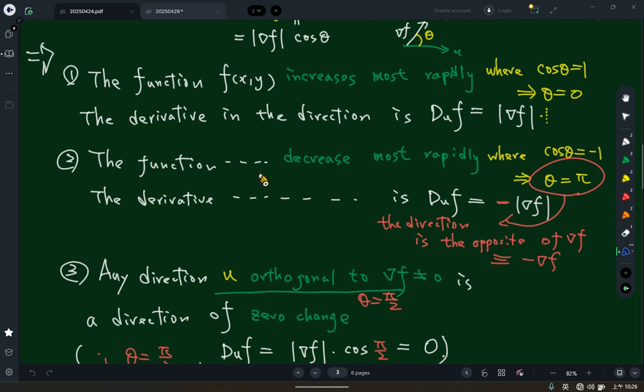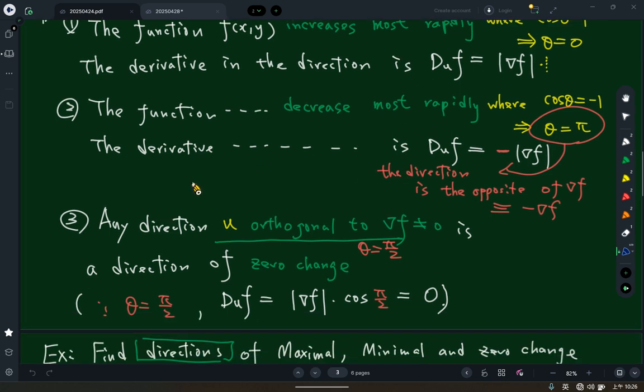And which direction can make your function decrease most rapidly? Then the last one is, following which direction will your function value just keep the same, zero change?